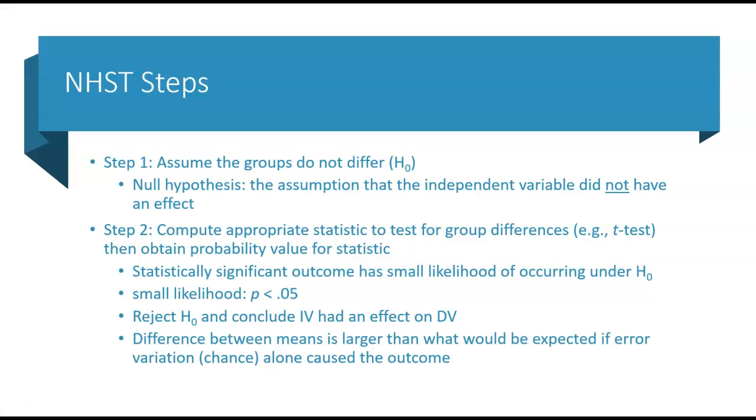Each of them has a statistic and a distribution of those statistics and a way of determining, based on probability theory, the probability values, or p-values, that determine statistical significance. When you say that a result is statistically significant, you want to assume that there's a small likelihood of that event actually occurring when the null is true.